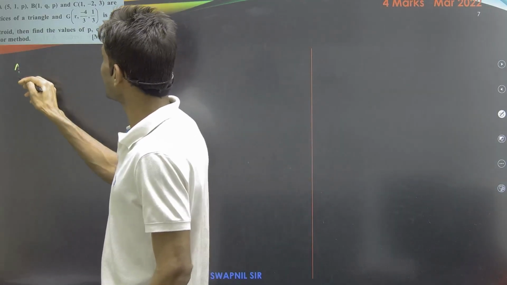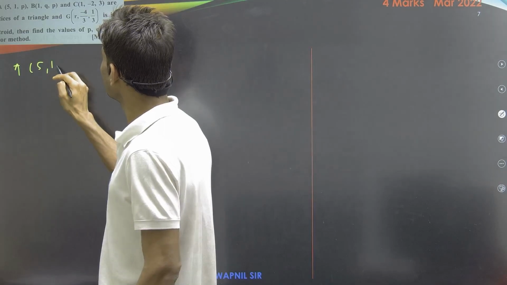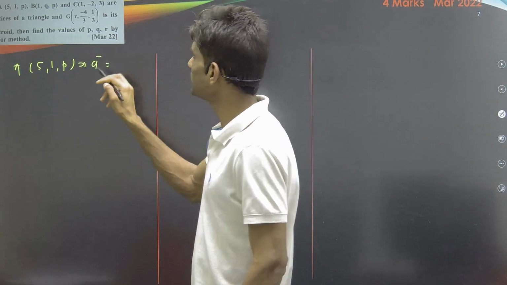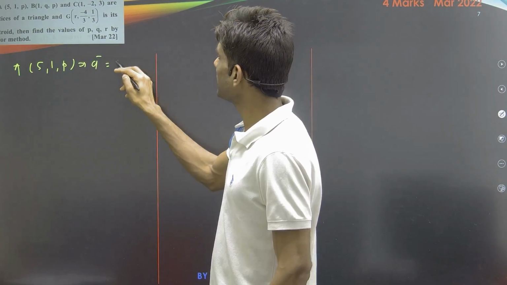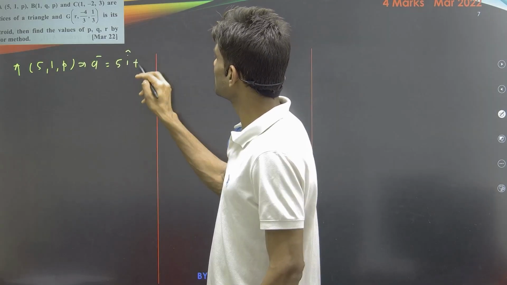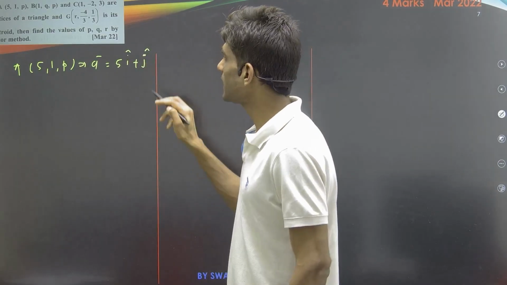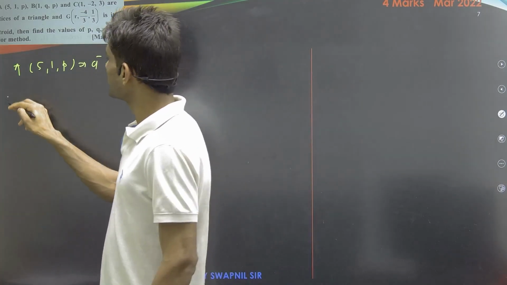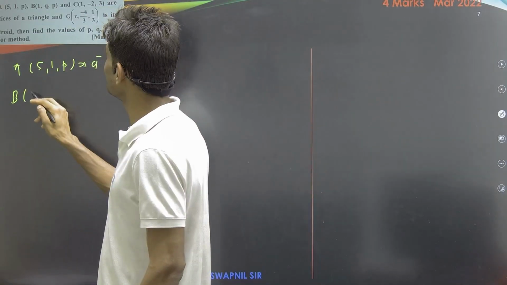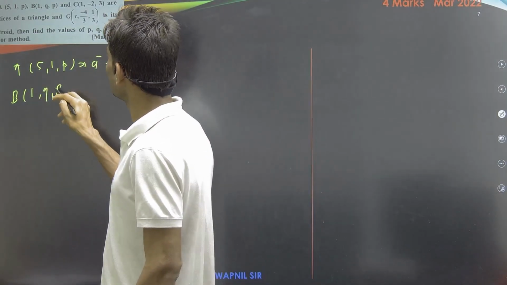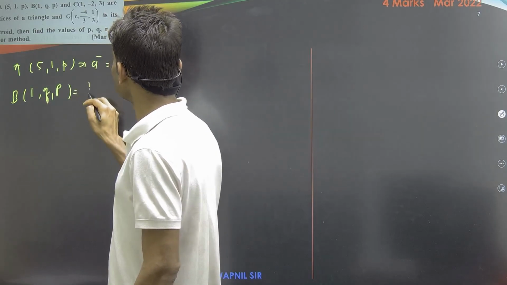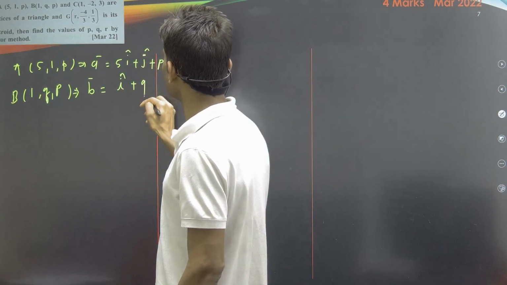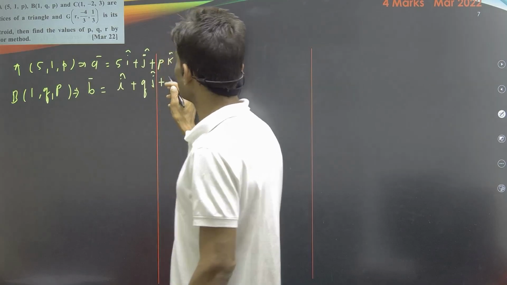We have 3 vertices. The first vertex is A (5, 1, P), so the position vector A bar can be written as 5 times i cap plus 1 times j cap plus P times k cap. The second vertex is B (1, Q, P), so the position vector B bar is i cap plus Q times j cap plus P times k cap.